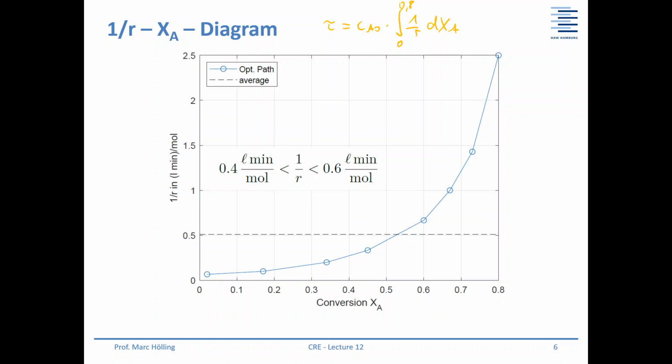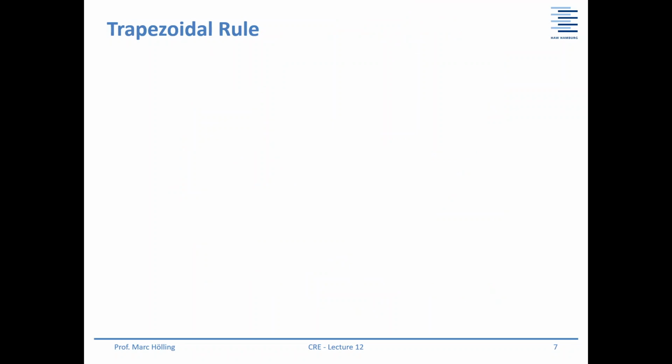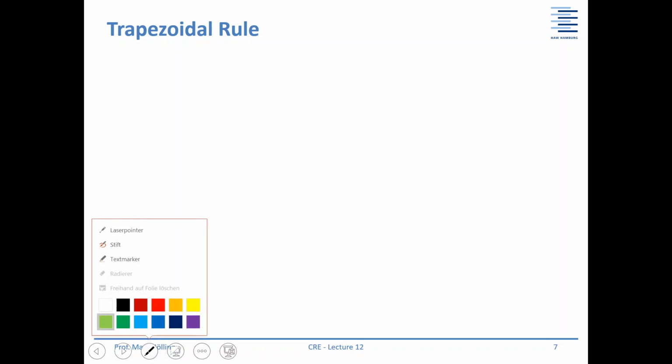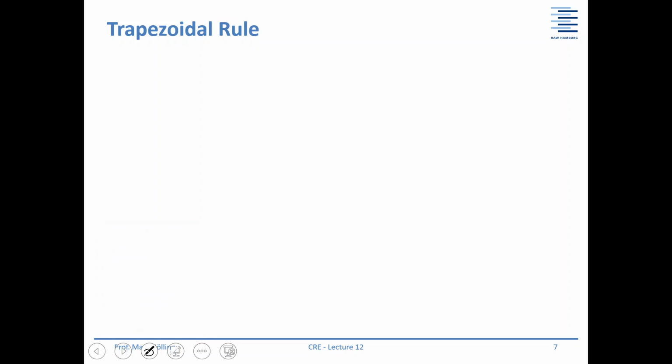So here the correct value is 0.51. How can you get the correct value? For this you can use the trapezoidal rule, which is not that easy to pronounce. Okay, what does it mean? I think you know it from CVT1.